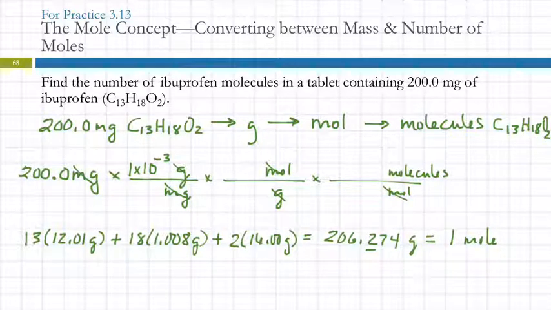So here, this is telling me that 1 mole of ibuprofen weighs 206.274 grams. I'm just going to carry those extra digits along to avoid rounding errors, and there's not that many of them. How many molecules in 1 mole? 6.022 times 10 to the 23rd.